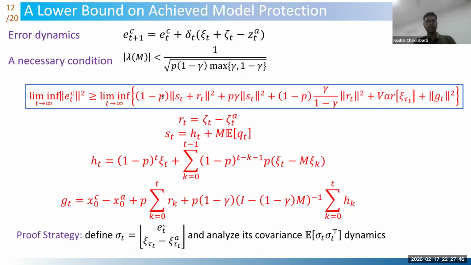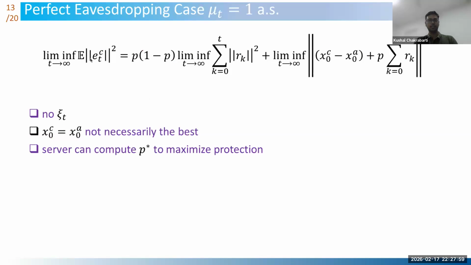So we try to get a sense of this by making a special case where, instead of saying that the adversary's eavesdropping mechanism is probabilistic, we make sure that it eavesdrops every time, in the almost sure sense.